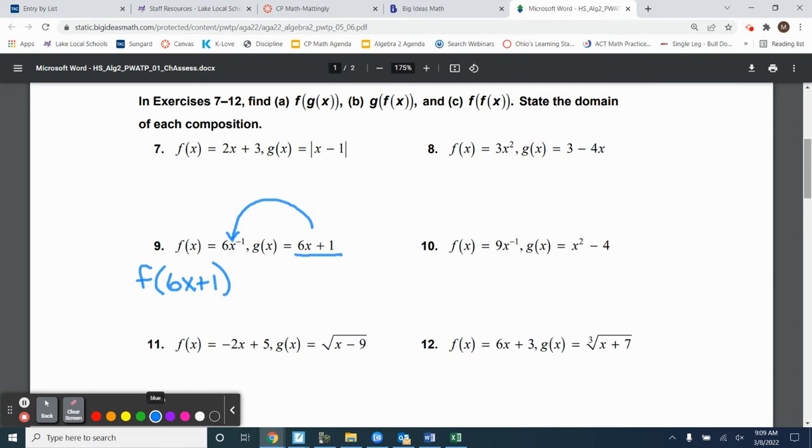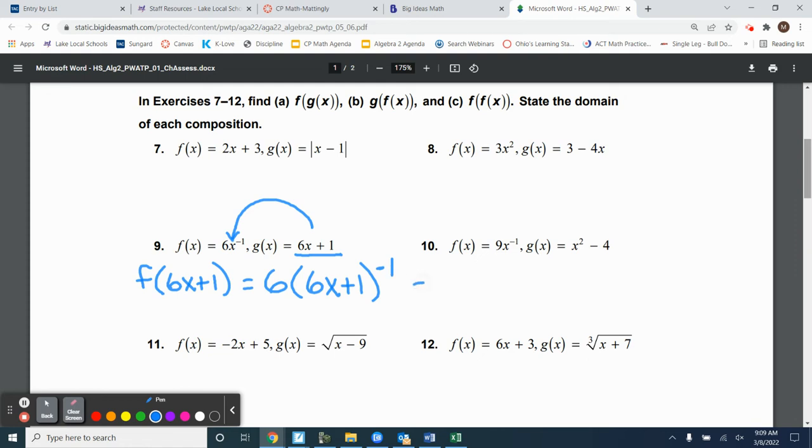So this is going to be 6 times 6x plus 1 to the negative 1. What do we do when we see that negative 1 exponent? Put it on the bottom, because we don't like that negative 1 exponent. We want to make it positive.